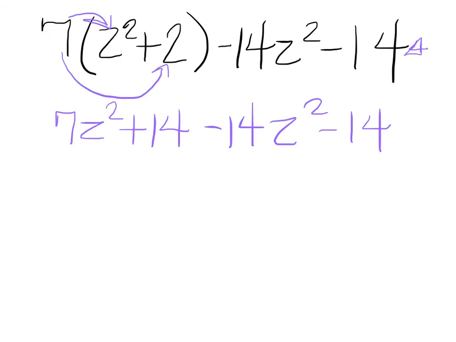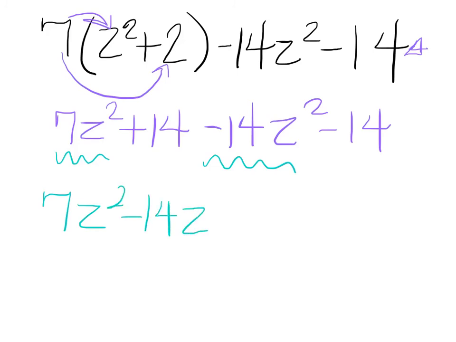So now what we're going to do is combine our like terms. So what are our like terms in this one? We have 7z squared and negative 14z squared. So we're going to have 7z squared minus 14z squared. And 7z squared minus 14z squared is negative 7z squared.